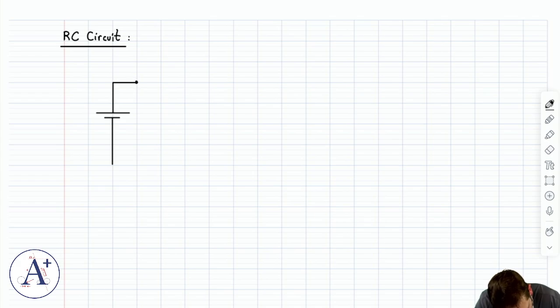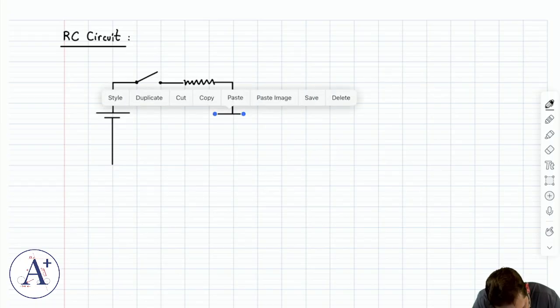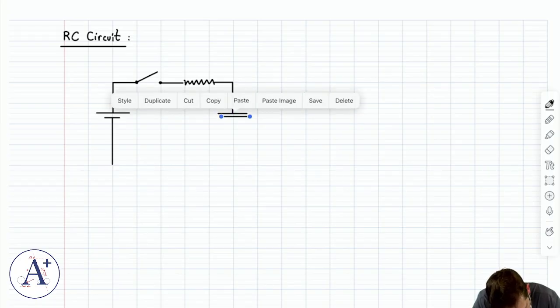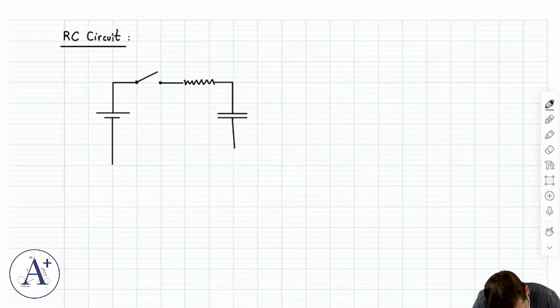Now sometimes you'll find that we put a switch, and then you can put the resistor first followed by the capacitor, or the capacitor followed by the resistor. It doesn't matter, right? As long as they're in series, that's all that matters for this.